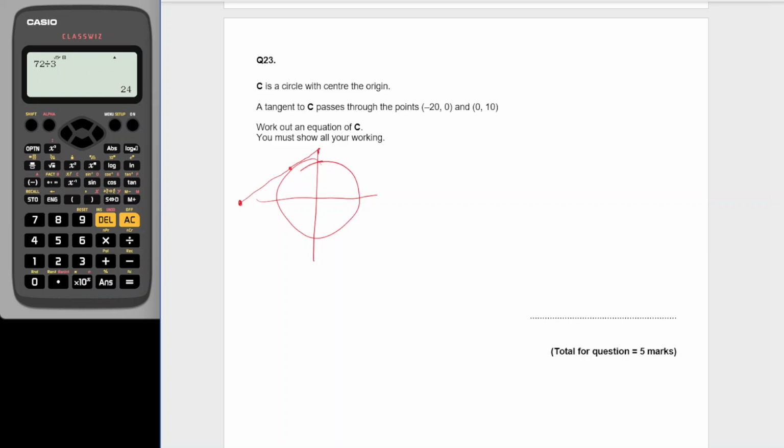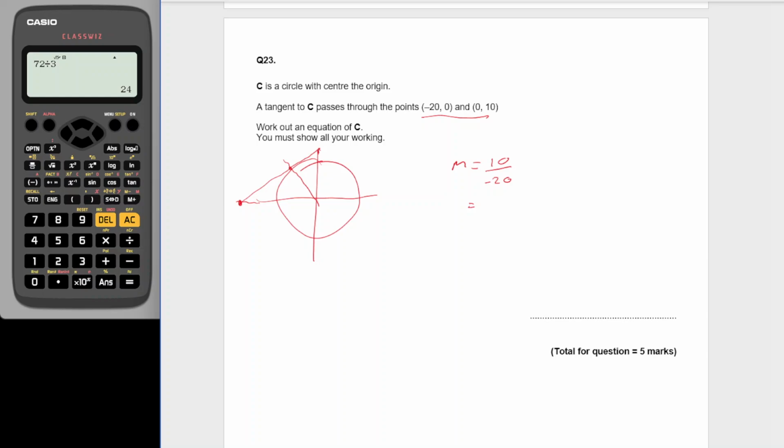What we want then is, so the way I'm going to do it is I'm going to work out the gradient of the line created here. So the m of that is change in y, which is going to be 0 to 10, divided by the change in x, which is going to be minus 20.